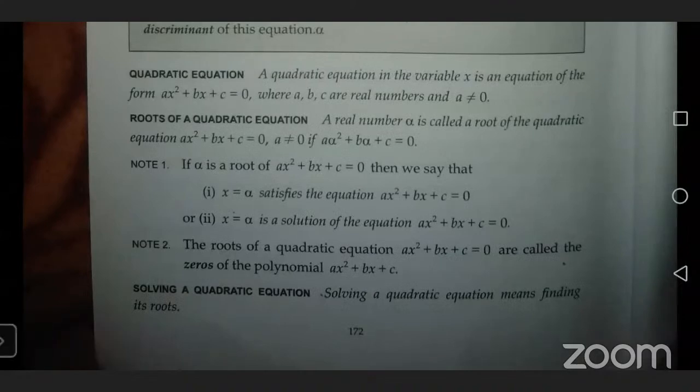It means if alpha satisfies this equation, then it is known as the root of that equation, or a solution of the equation.